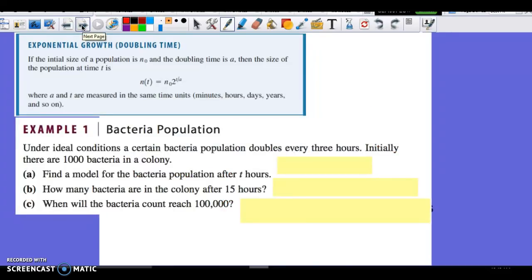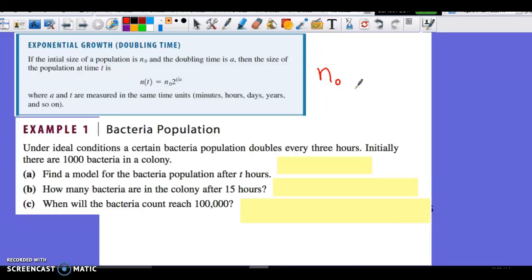Okay, so we're going to look at some more application problems just like that. Not everything is that simple where it just says it's doubling or tripling, or there may be something else going on. So here's your formula. We have a new formula where we have N sub 0. Anytime you see something with a sub 0, that is your initial amount of whatever.